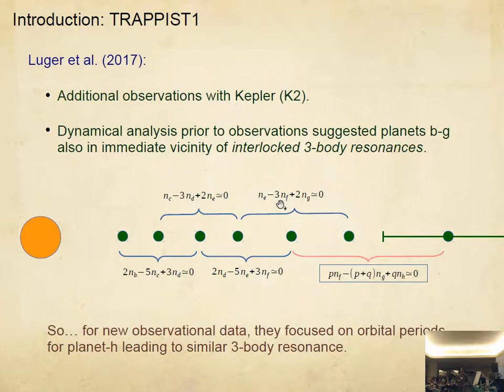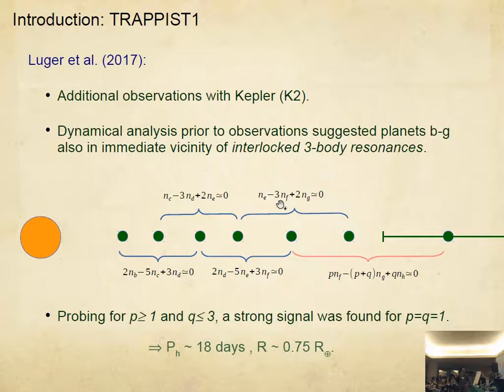So why not consider the position of the last planet also in a 3-body resonance with the other planets? So they tried that, and from the new observational data, they tried to see what values of p and q were more consistent with the signals.